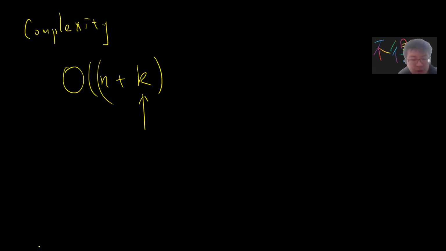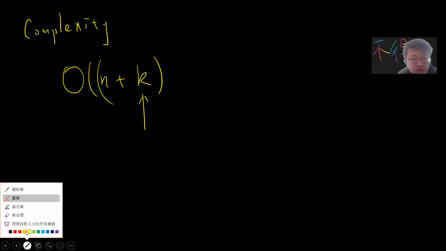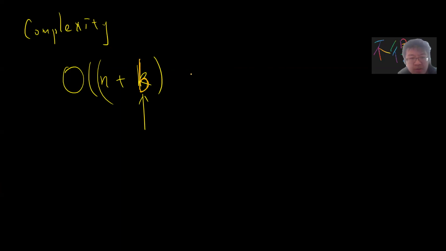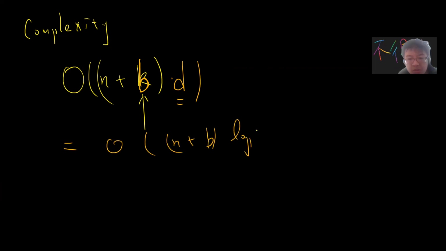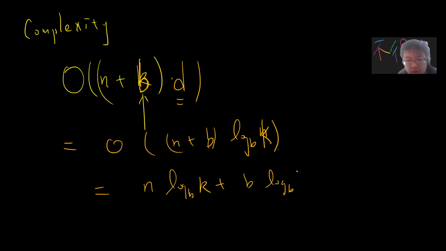And this is done d times, the number of digits, because we need to run d steps. So we get n log base b of k plus b log base b of k.